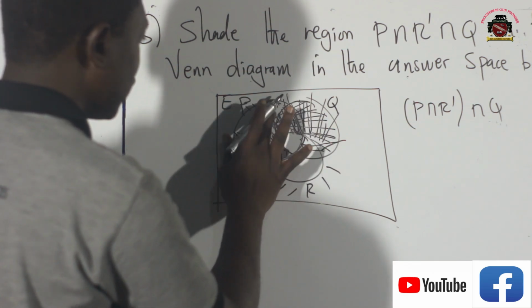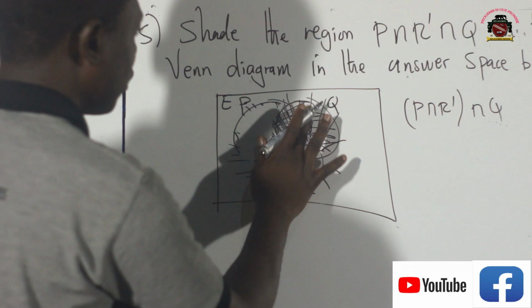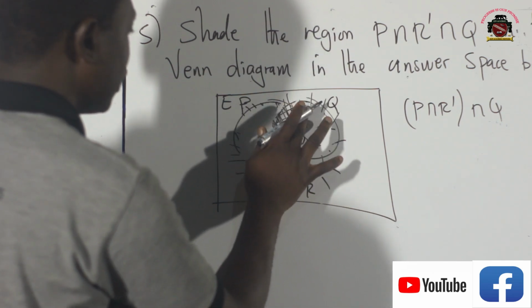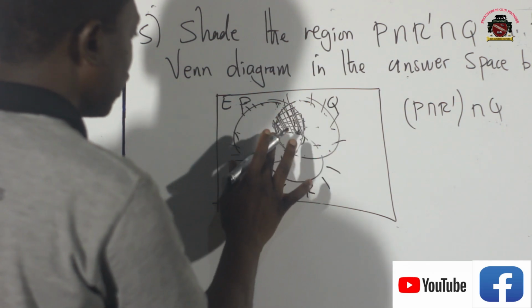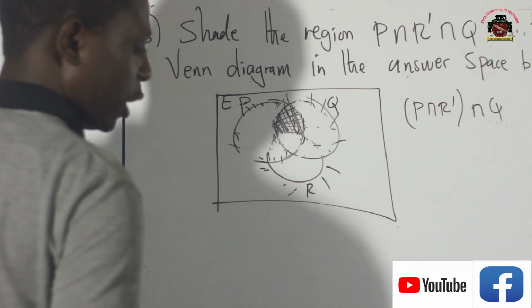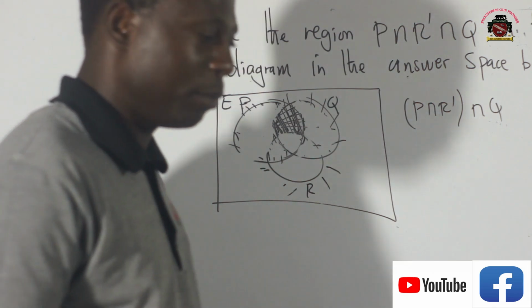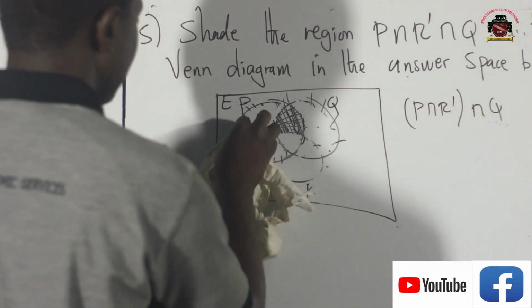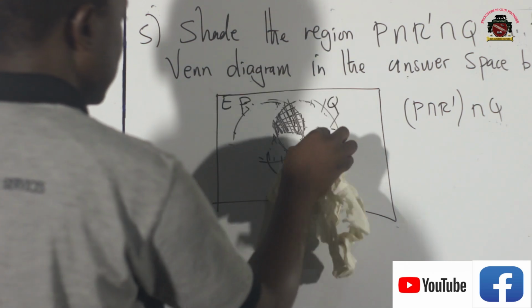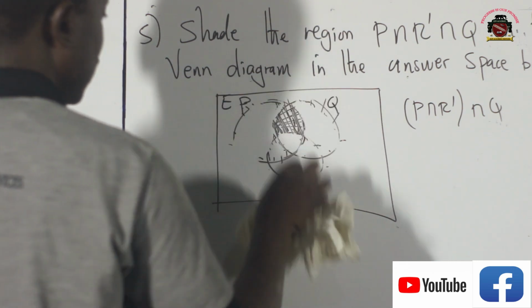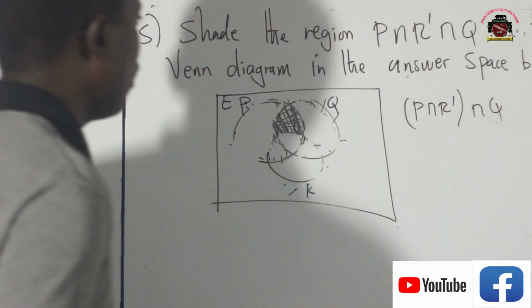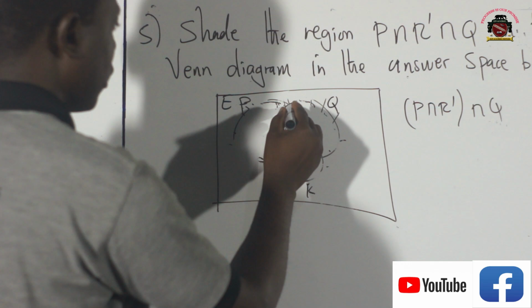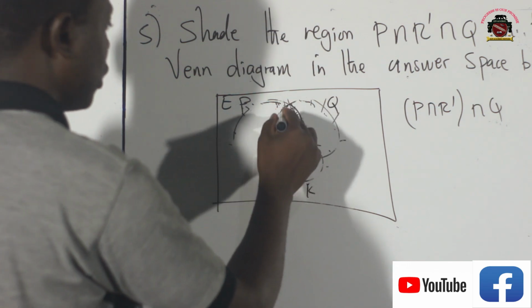So this is the part that you shade, because this is the part where they are all intersecting, all 3 of them.